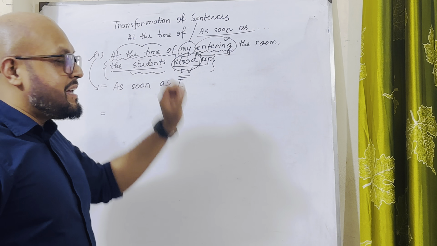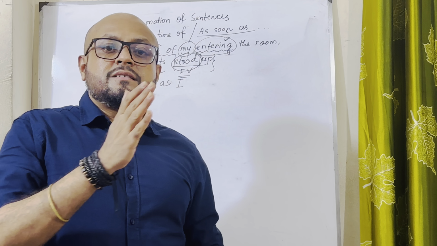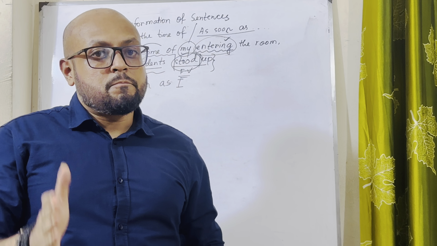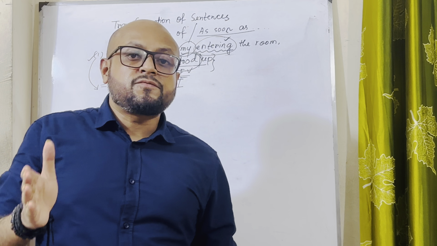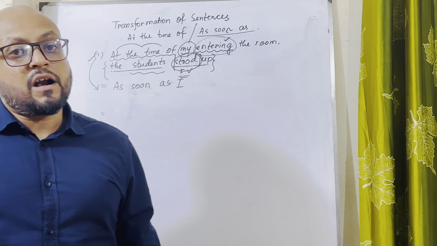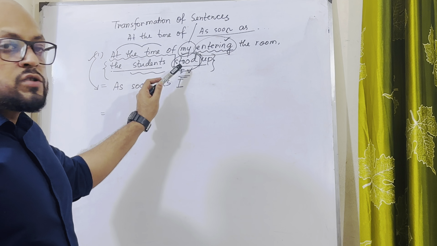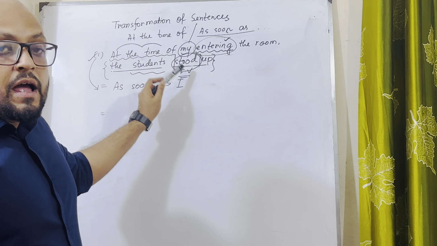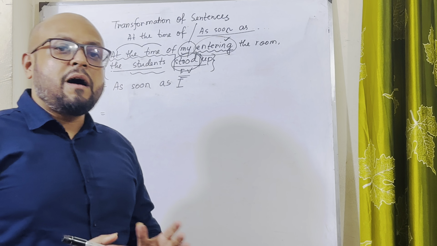The form is "stood". We all know that "stand" is the base form of the verb, the past form is "stood", and the past participle form is also "stood". So here "stood" belongs to the past form, and that is the reason the tense of this sentence is past indefinite.